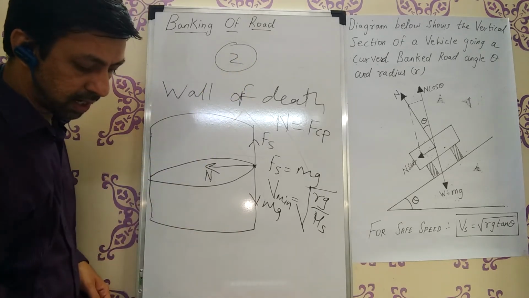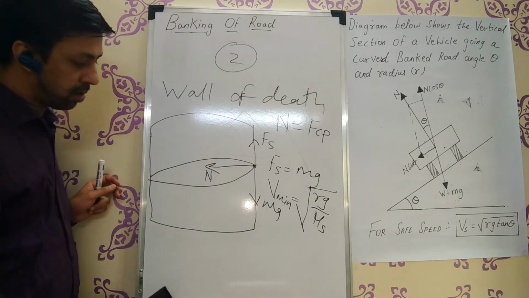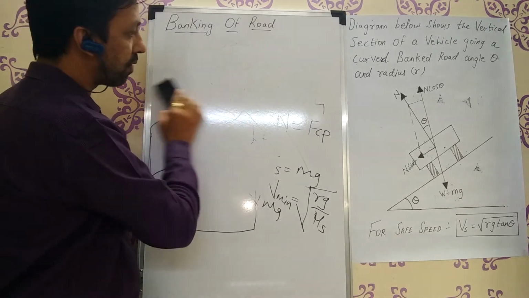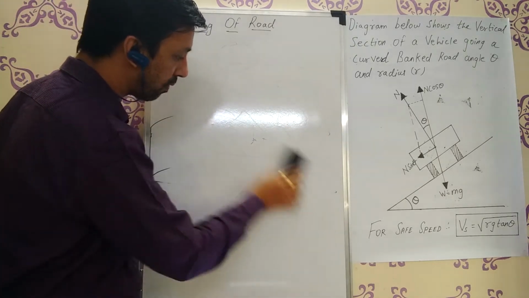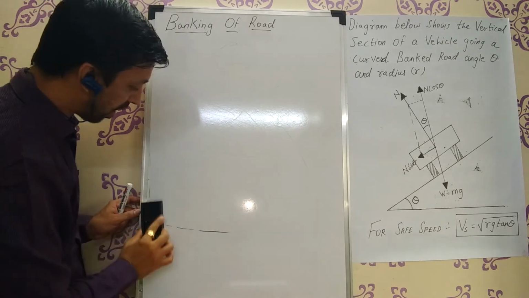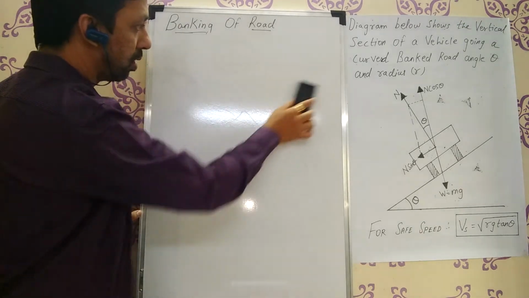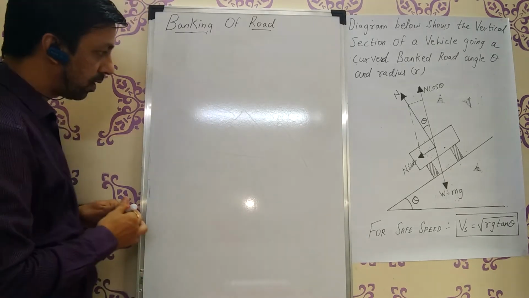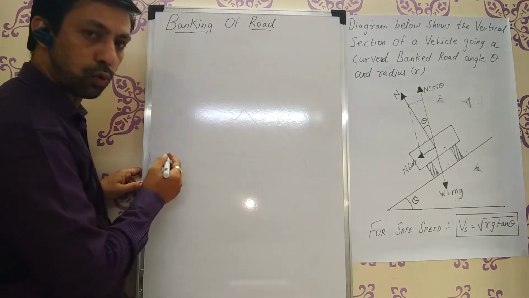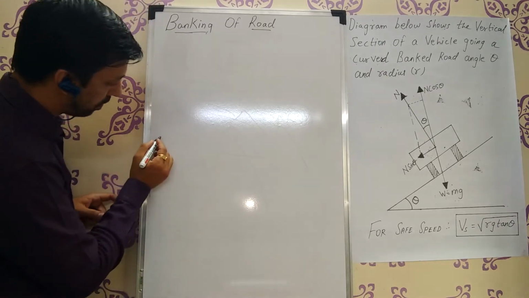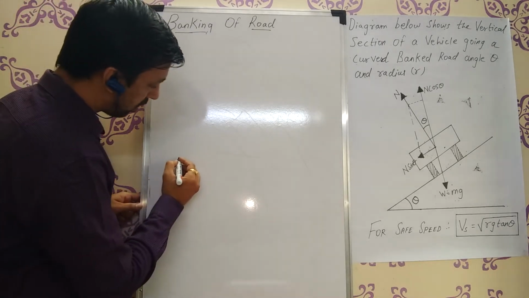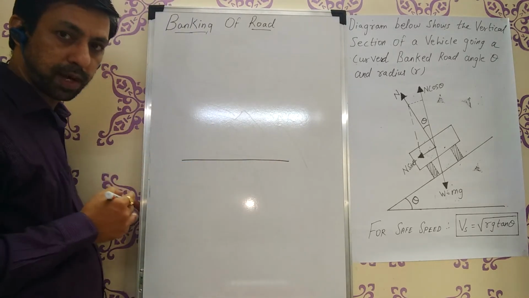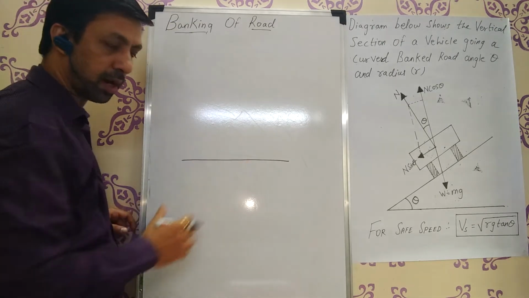Now, what do we mean exactly by banking of road? When we discuss the banking of road, it is necessary to understand what the meaning of banking is and why we have to do it, so that we know what changes occur in the speed of an object. Suppose this is my road surface, the horizontal part of the road.